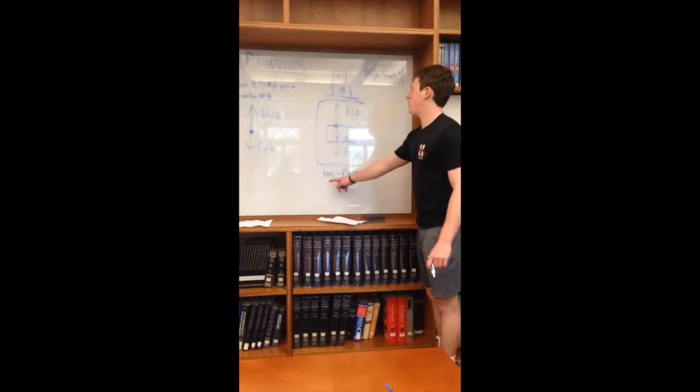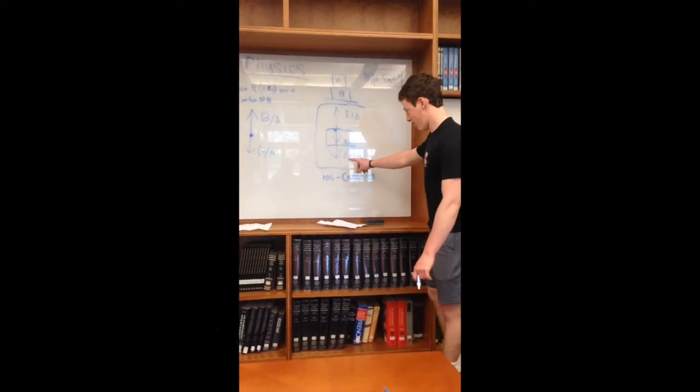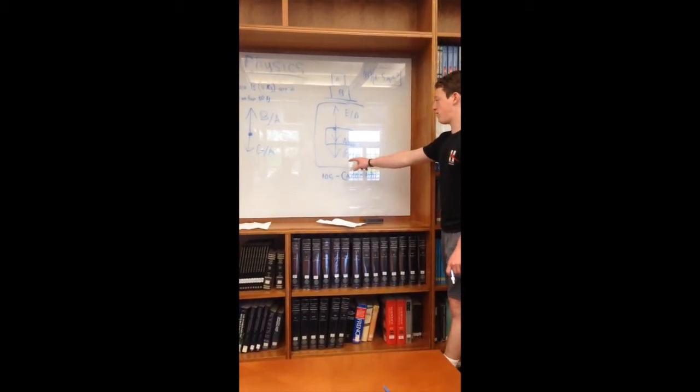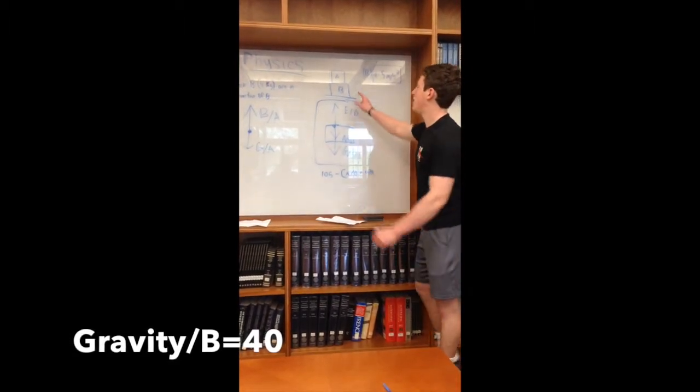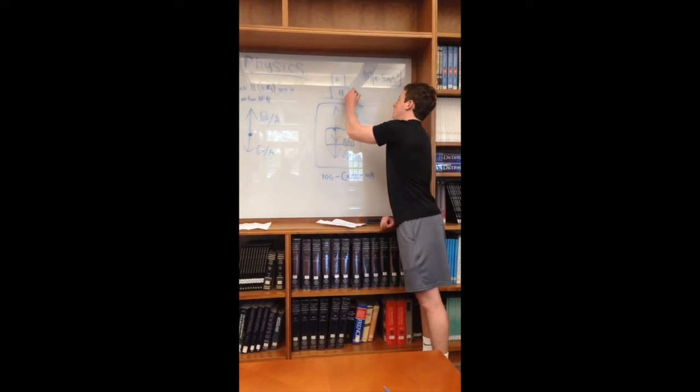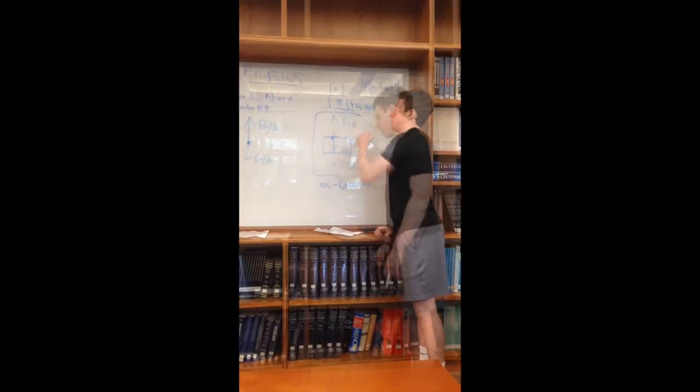The 105 right here is from the force of the elevator on B, and the force of gravity, or the earth pulling down on B, is 40 because, as we already know, B is 4 kilograms, which equals 40 newtons.